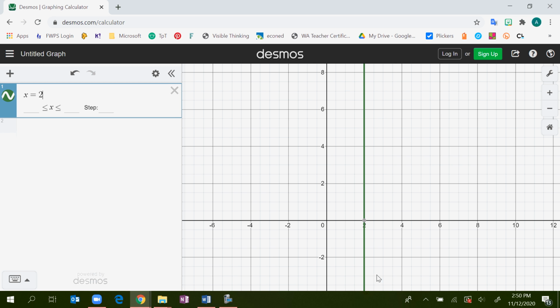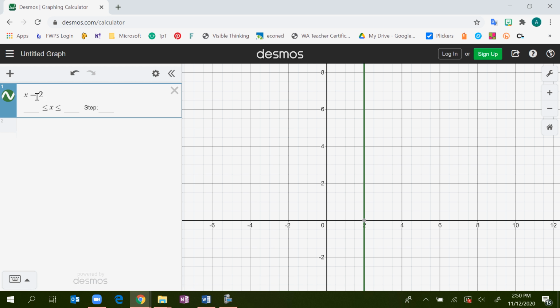The slope is considered undefined. On a vertical line, it is x equals 2 because it's showing me on my x-axis, my value is always going to be 2, and it doesn't matter what my y is, which is why we have no y that is a part of this equation.